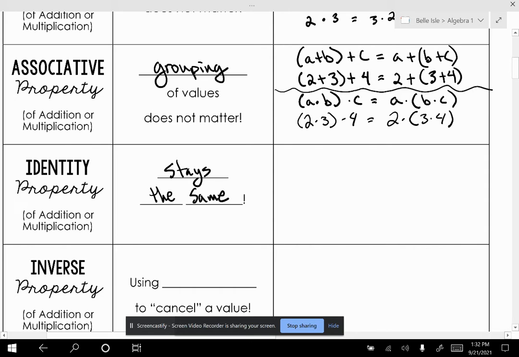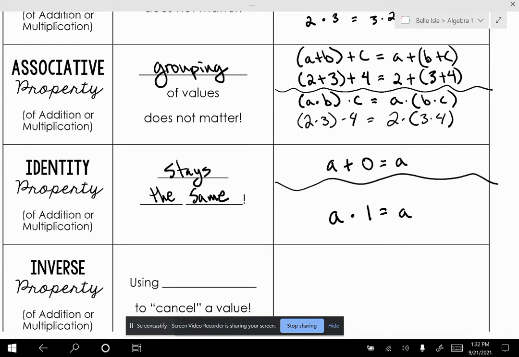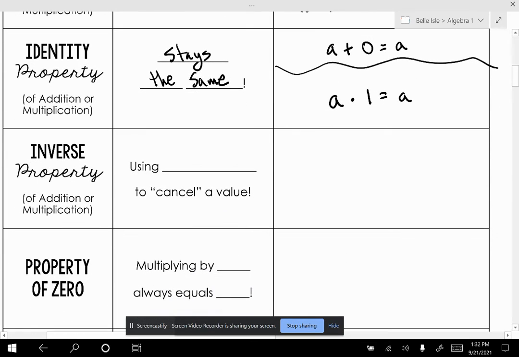So this is dealing with, in addition, when we add 0, or in multiplication, when we multiply by 1. Okay, let's keep moving.